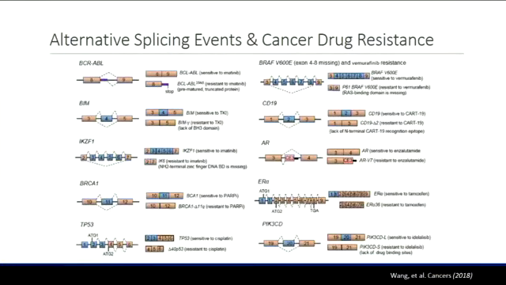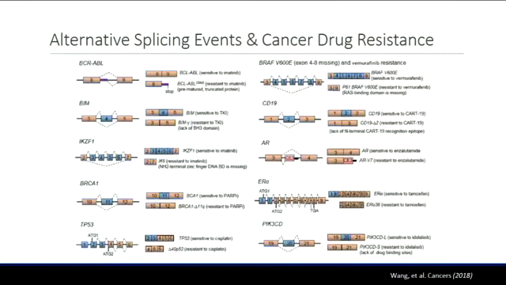It's also been shown that some of these splicing events are tightly regulated in normal biology, but when they're deregulated, they can lead to different diseases and cancer. And specifically in the case of cancer, it's been shown that the expression of these different splicing events can have an impact on drug resistance. So for instance, in this BIM gene, we have this exon skipping event.